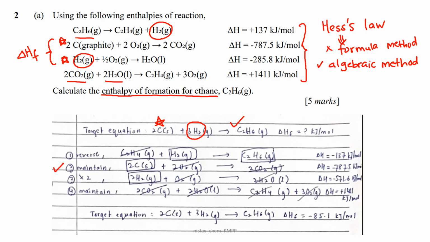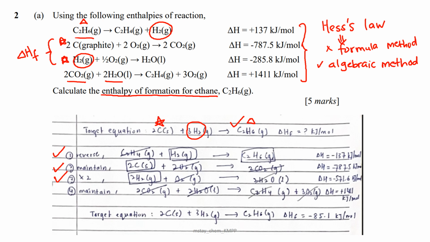For C2H6, we notice that this is the product and here is the reactant. So we are going to reverse equation 1. Once we reverse equation 1, we get this chemical equation. Then here we already have 1 mole of hydrogen gas and we need another 2 more. So that's why equation 3 needs to be times 2.